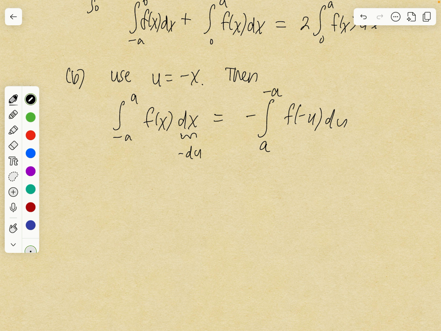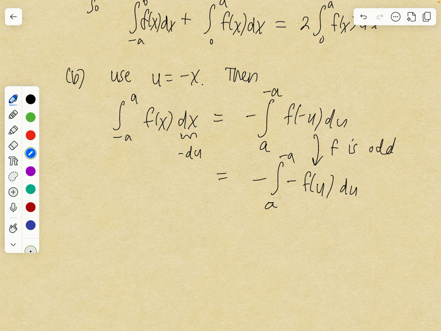Okay, now we're given that f is odd, right? So since f is odd, f of negative u is equal to negative f of u. That's because f is odd.